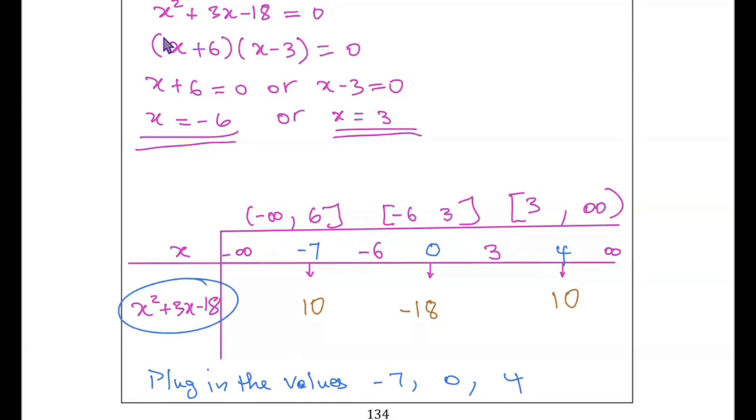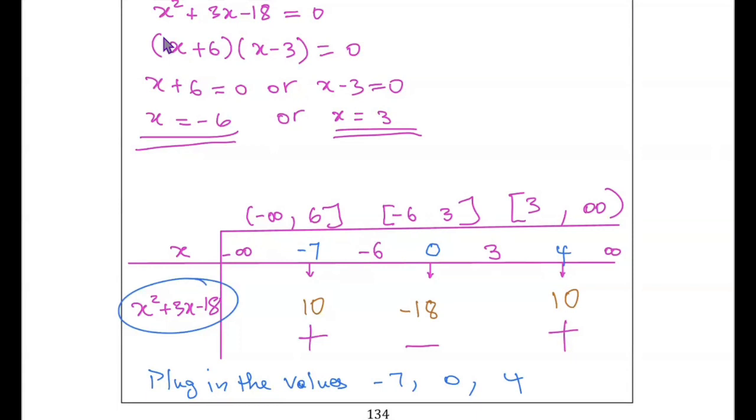That means the expression x squared plus 3x minus 18 over the interval from negative infinity to negative 6 is positive. And then over the interval negative 6 to 3, it's negative. And over the interval 3 to positive infinity, the expression is positive.